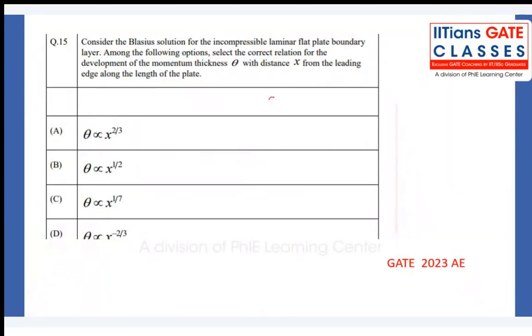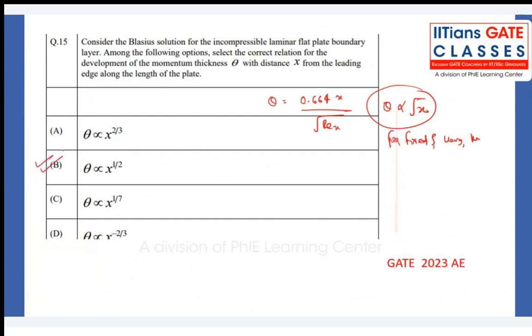What is the theta formula according to Blasius? Theta equals 0.664 x divided by the square root of the Reynolds number. Again, theta will vary as the square root of x for a fixed rho u average and viscosity. B will be correct. Make a note of it.